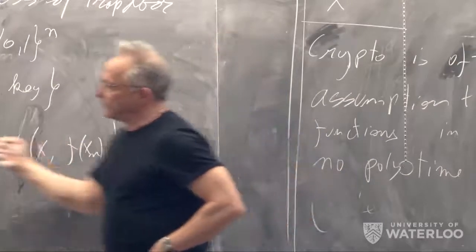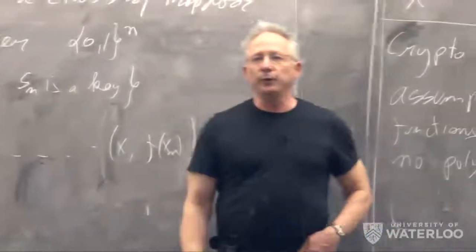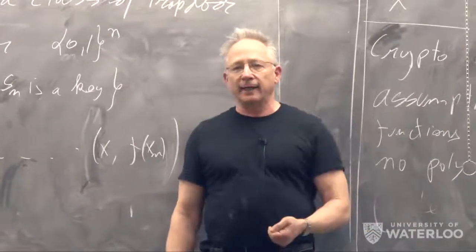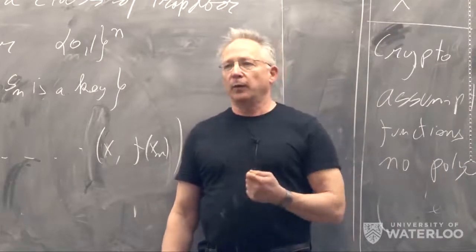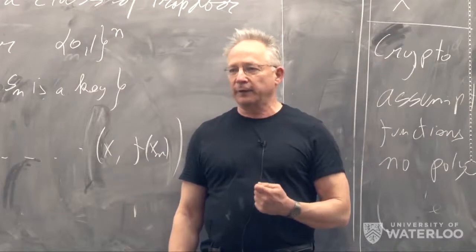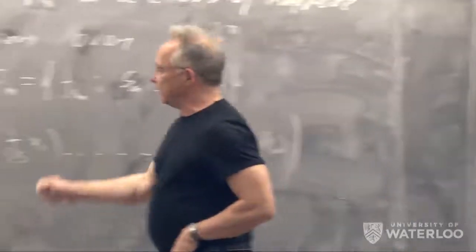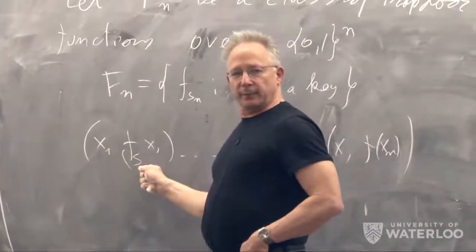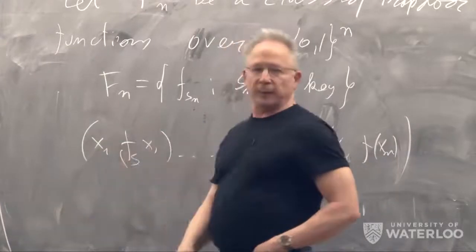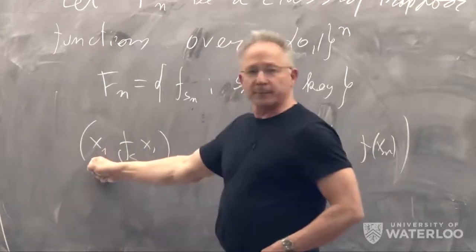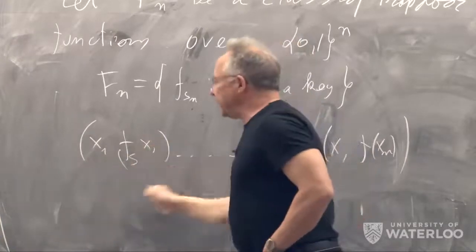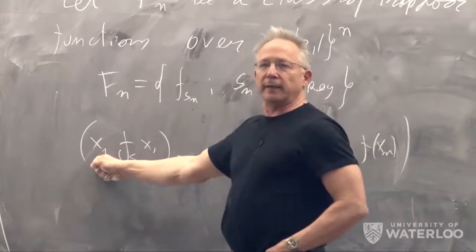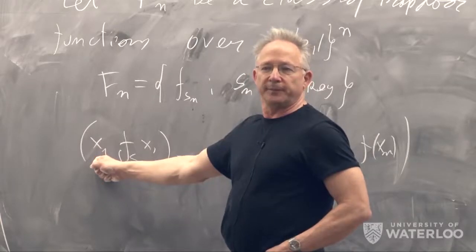If you can get access to such a code, you can view it as training examples for learning how to invert the function. Why is it training for learning how to invert the function? Because rather than using this as an input, as this is a label, we can view it the other way around. This is my input, and this is my label. So if you learn how to, given the input, find the label, you learn how to invert my function.